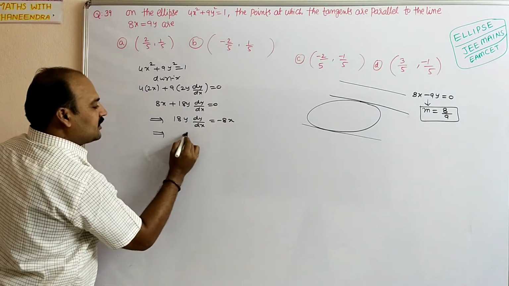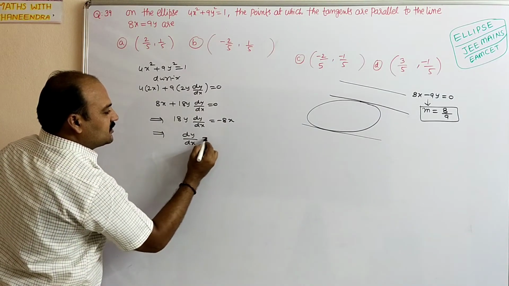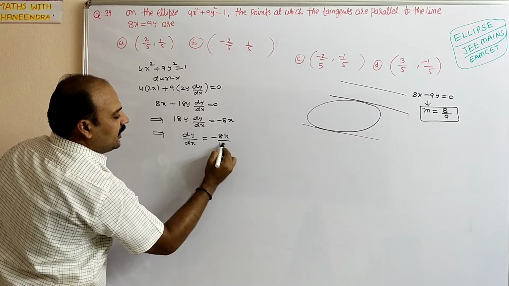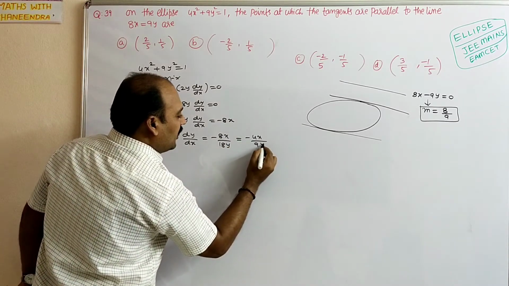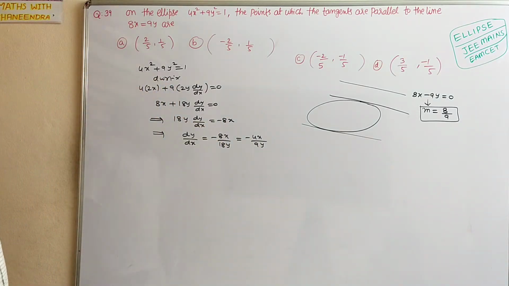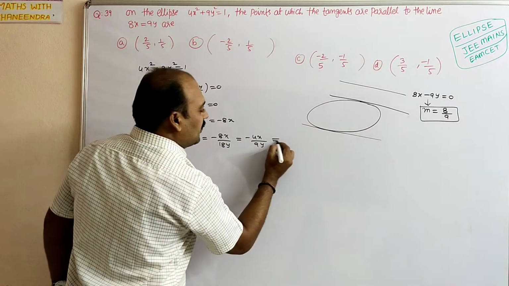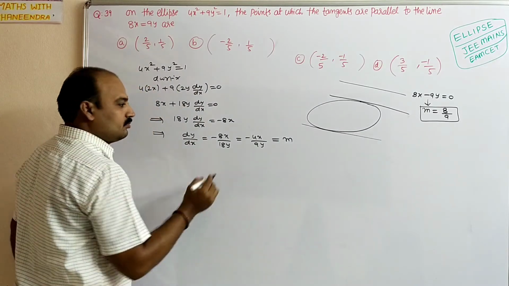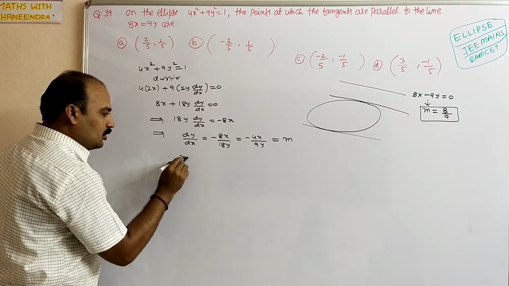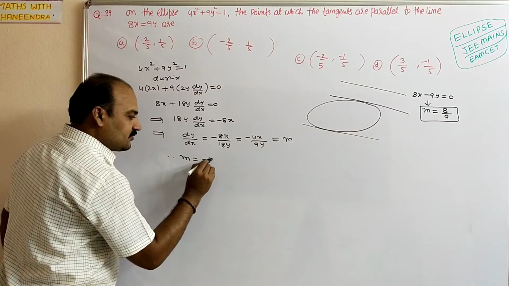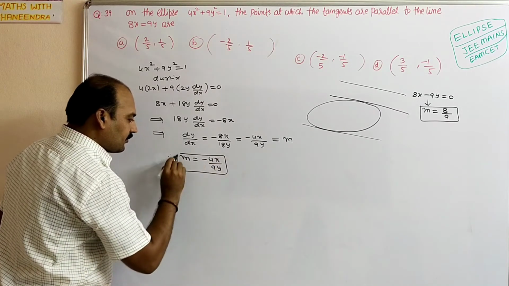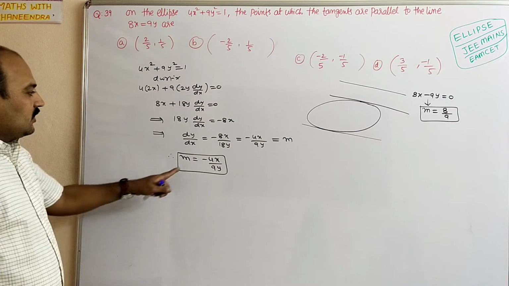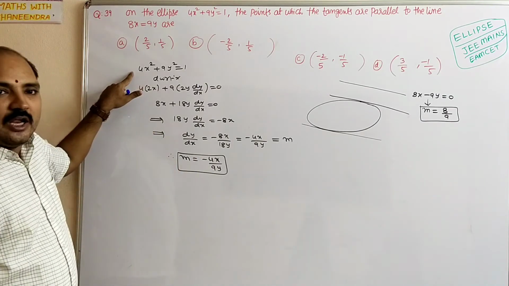So dy by dx is equal to minus 8x by 18y, which is equal to minus 4x by 9y. Therefore, m equal to minus 4x divided by 9y. This is the slope of the curve, the ellipse.